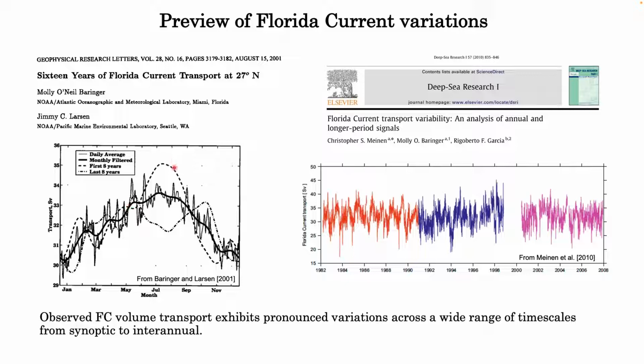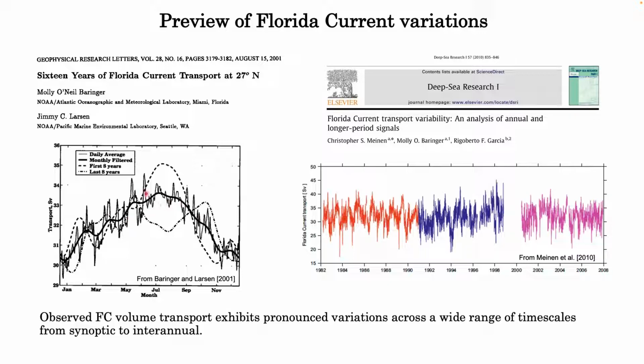This plot from their paper shows that for the first 8 years of the observation, the transport shows an annual cycle in which it is maximum around summertime and minimum around wintertime. But the second part of the observation shows a different feature, indicating year-to-year change of the seasonal cycle of the Florida Current.